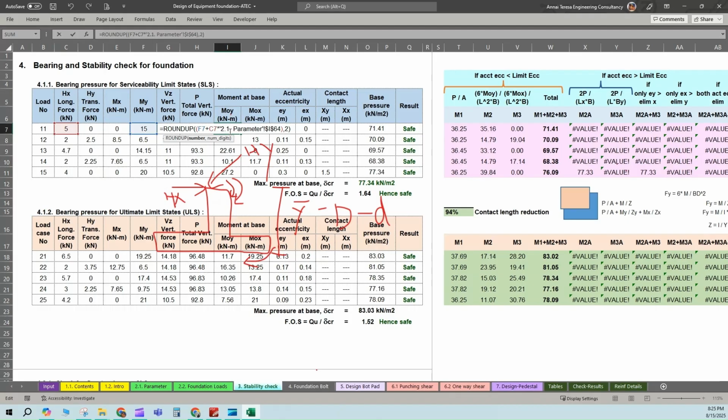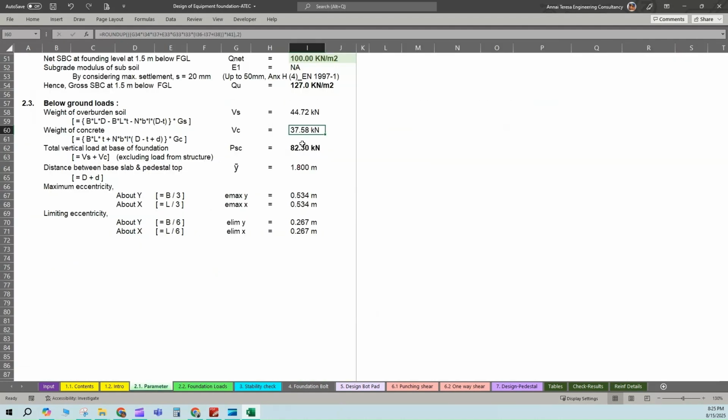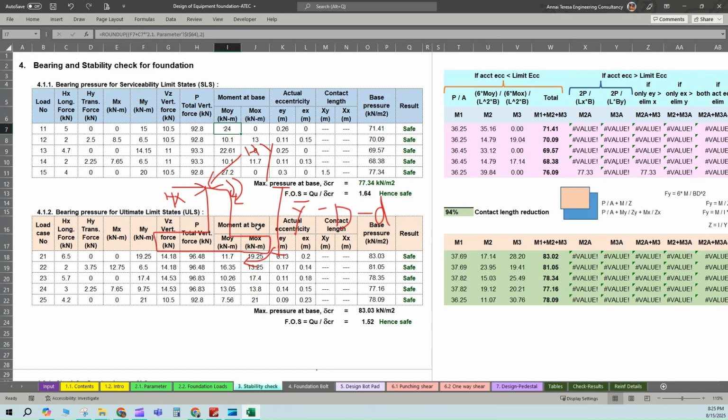If you link these equations, you can see MY plus horizontal force X into this parameter, XL 64, the value of Y bar, we need to multiply so that we are able to find the moment at the base of the foundation. MOX is applicable as MX plus HY into the height. This is also applicable for all the load cases.